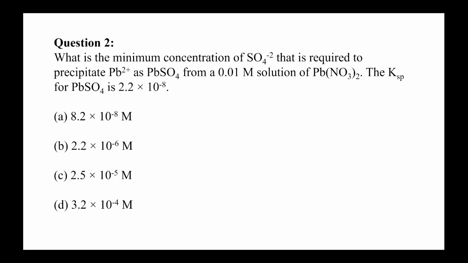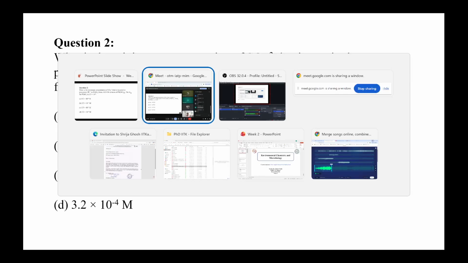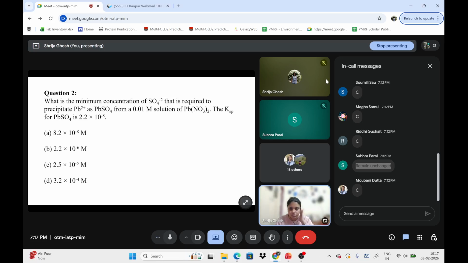So now we have to find that particular concentration. I hope the question is clear. Whoever knows how to solve this, I request all of you to solve the question. The Ksp is given as 2.2 into 10 raised to the power of minus 8, and the Pb(NO3)2 concentration is given as 0.01 molar.